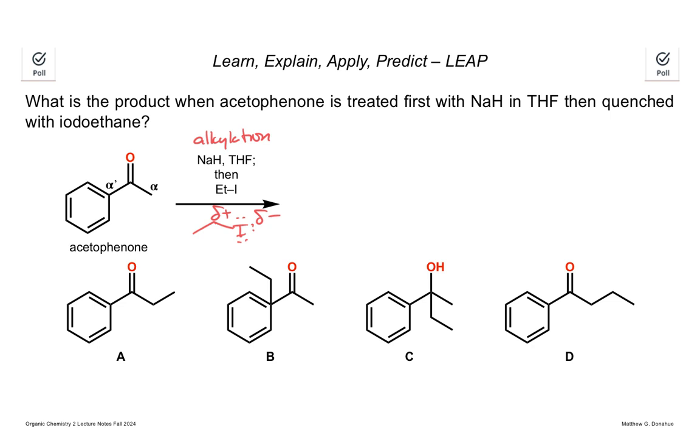So ethyl iodide is the electrophile. That carbon is at oxidation state 1. The alkylation is going to do a reduction, so that beta carbon is at oxidation state 0. And so by looking at these, can you eliminate one of them immediately?